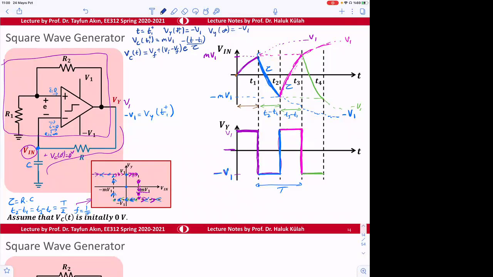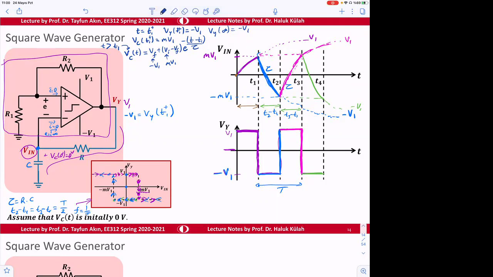So this is the time period for t larger than T1. That's going to be the capacitor voltage equation. So when t reaches T2, we know that V final is equal to minus V1. V initial is equal to MV1, and the final is minus V1.